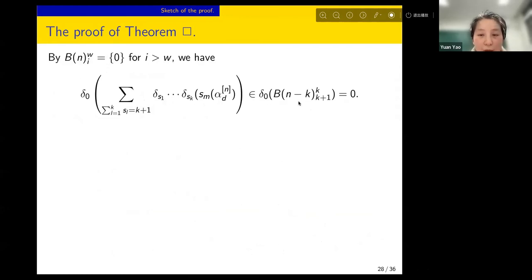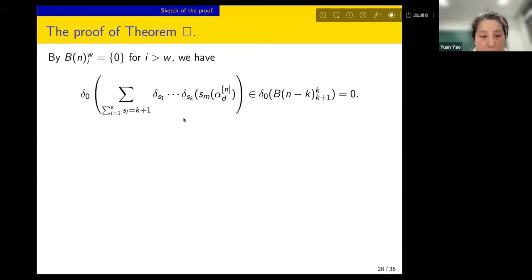That's why this is automatically 0, because once you add delta Si you add theta zeros, and the number of theta zero increases.